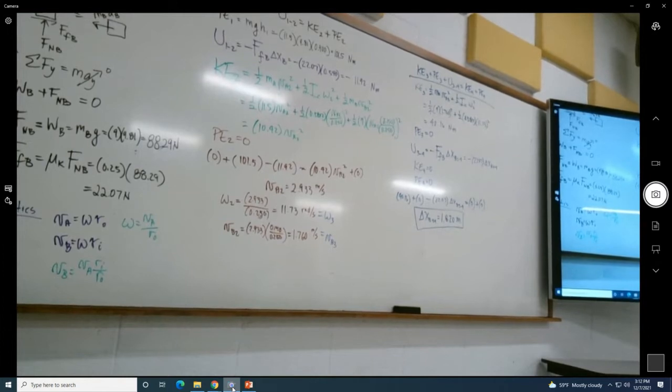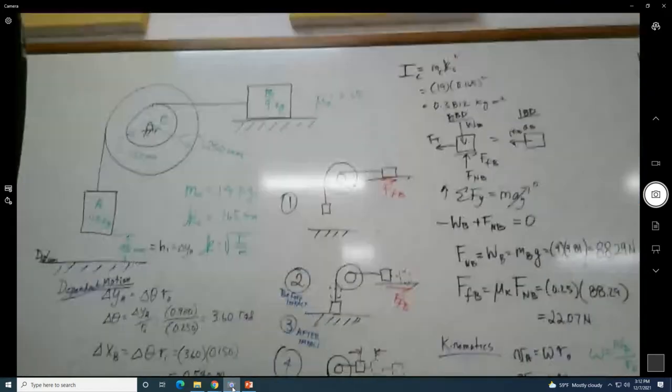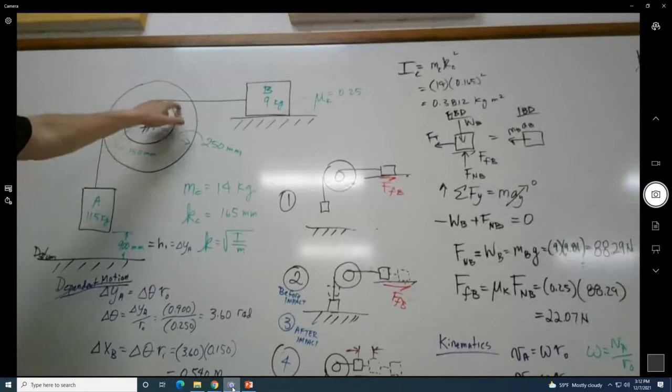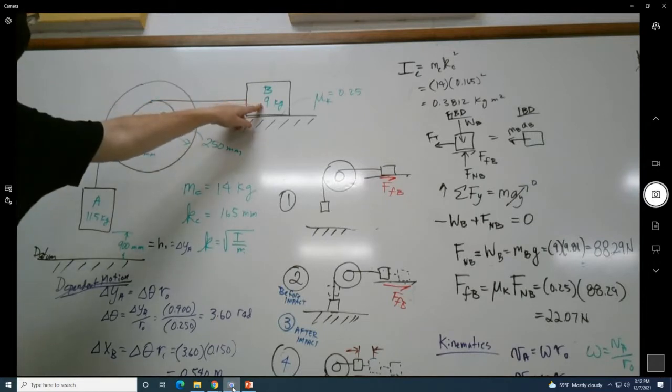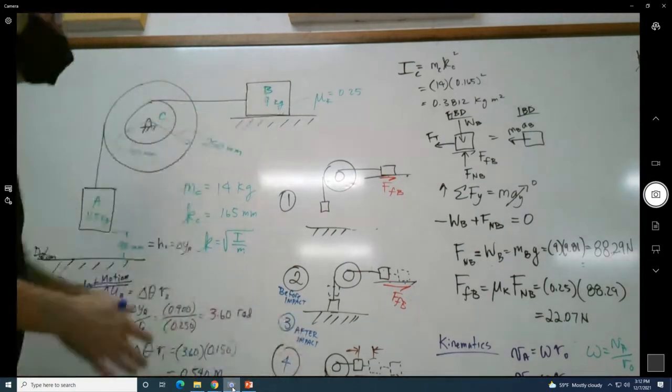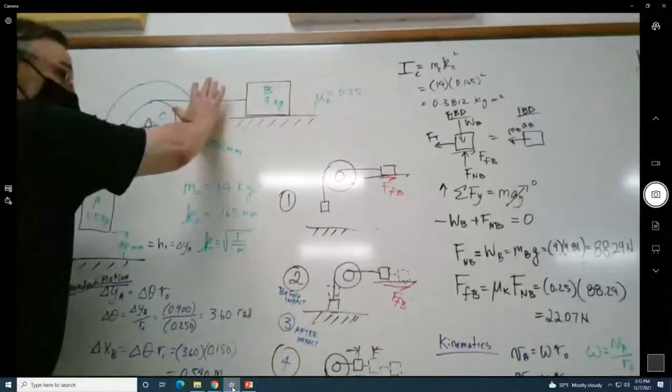So this thing has angular momentum, right? It has kinetic energy, the disk, this piece. It's rotating, and then it's being pulled to a stop by him. And this has linear kinetic energy.